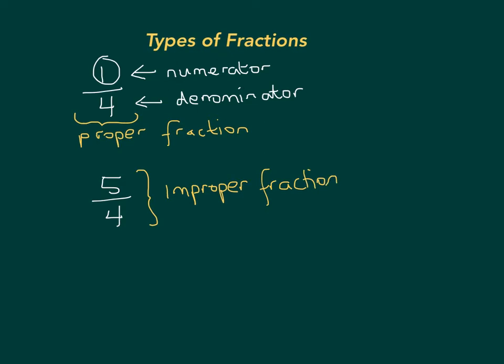Now, to change an improper fraction into what's called a mixed fraction, we would divide the bottom, the denominator, into the numerator. And if we did that, we would get our answer as 1 whole, and we have 1 over 4 left. So this is what's called a mixed fraction.